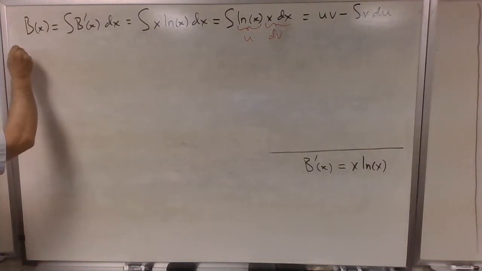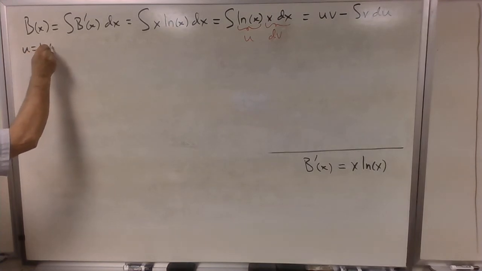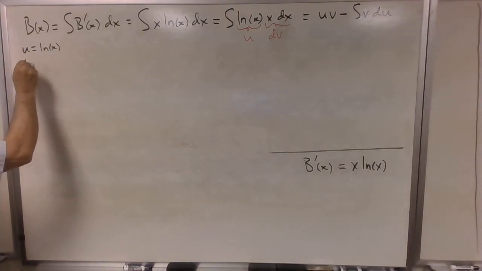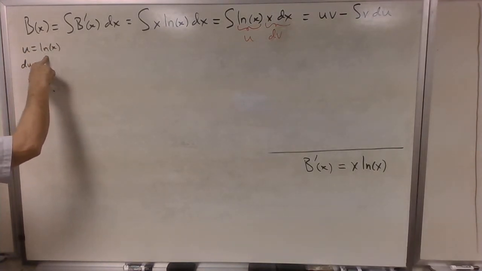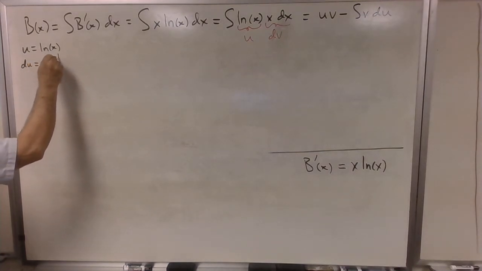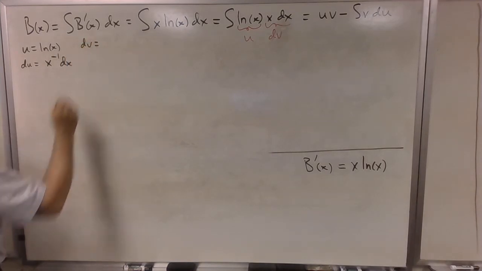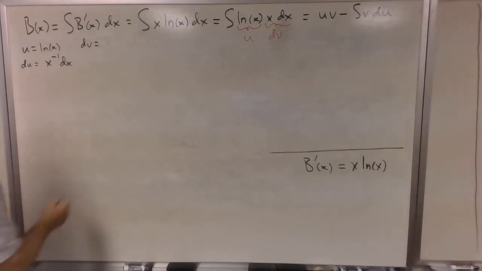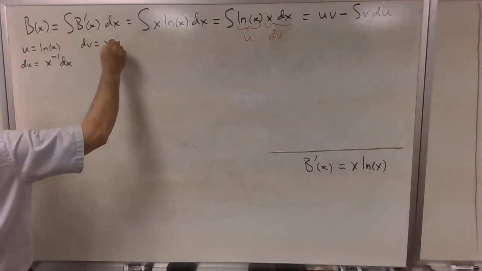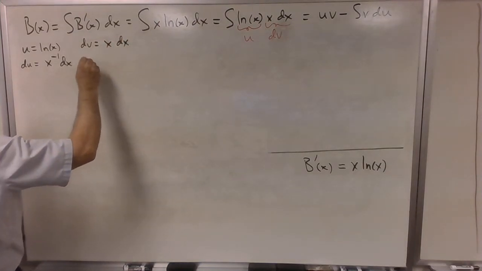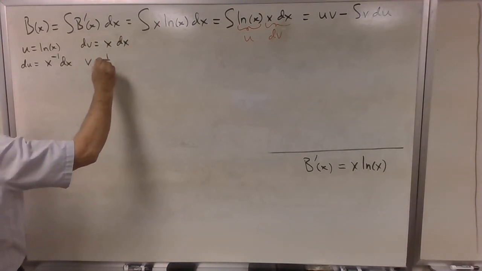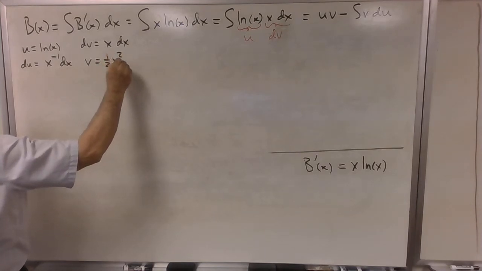Okay. u equals natural log of x. du is, let's say, x to the negative 1 dx. dv is x dx. And if we integrate, we get v equals 1/2 x squared.